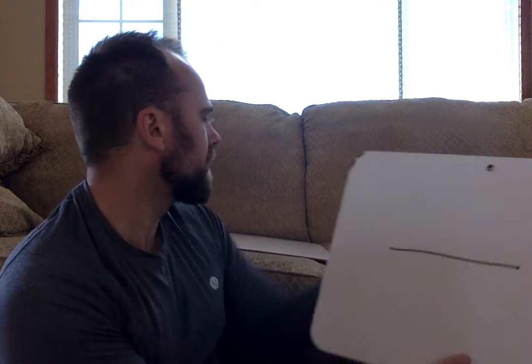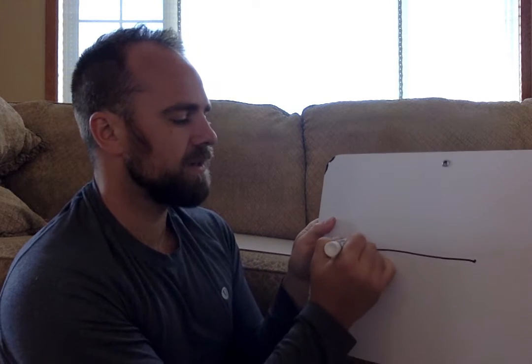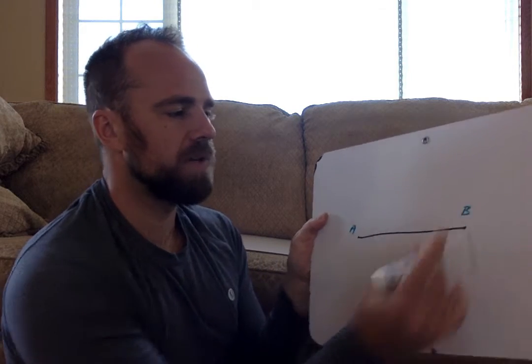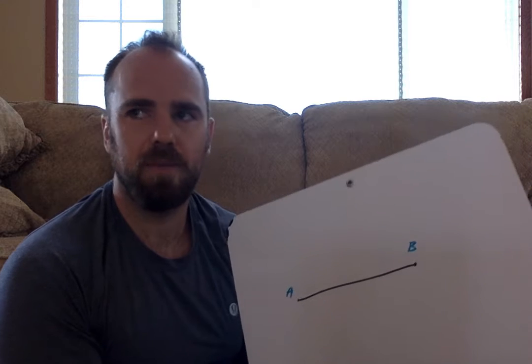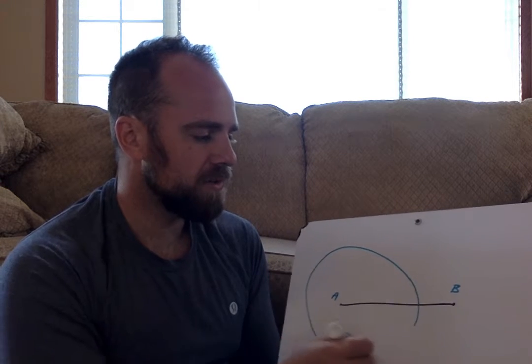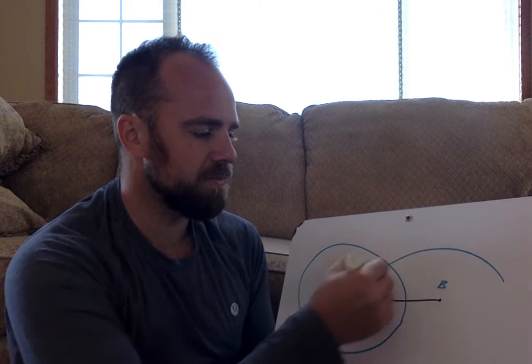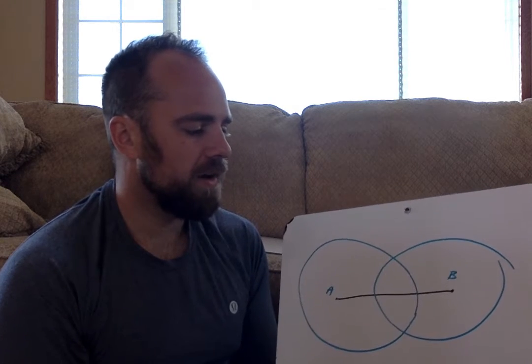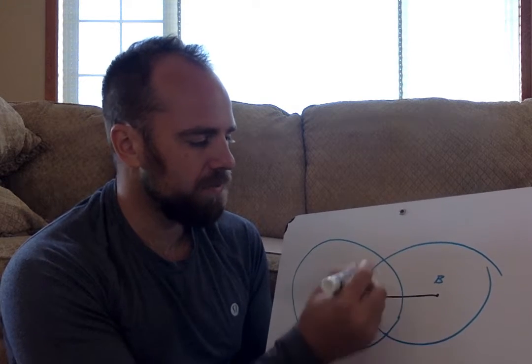Way number two. If I say this side is A and this side is B, I can take my compass and draw two circles around those points. This isn't perfect. Where these parts of the circles intersect, that's what I'm looking at.